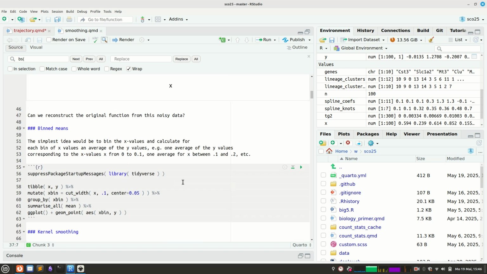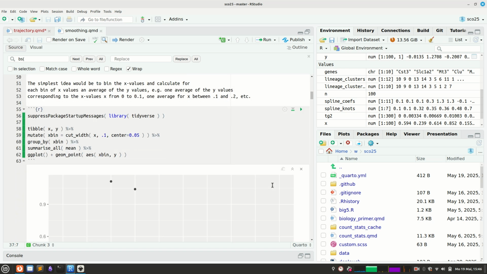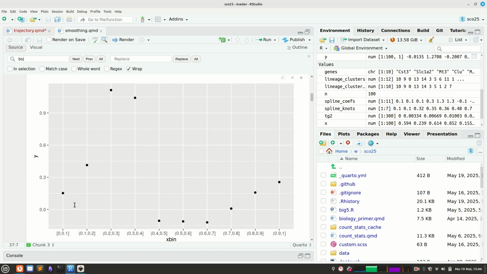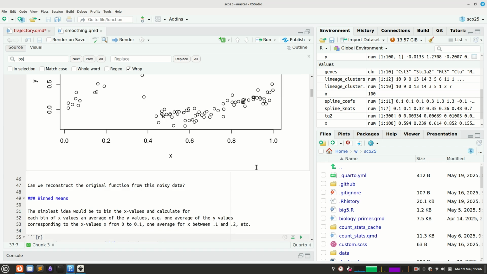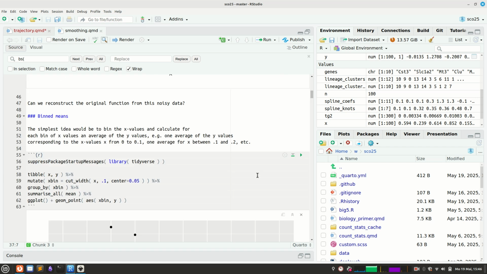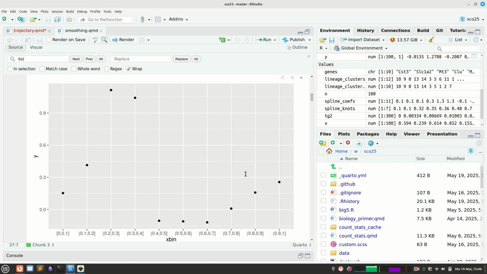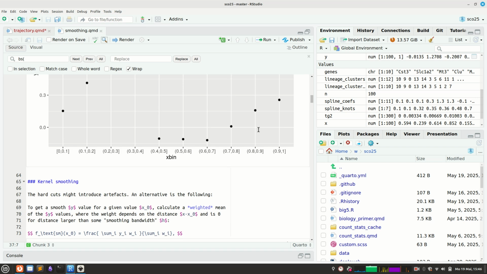And if I do this, what I then get is this here. And you see, for the first bin it is here, for the second it's here, and so on. And you can already sort of see our original curve, but it's rather rough. I could make it finer by making the bins finer, but then each bin would only contain 2 or 3 points, and averaging over them will produce too much noise. So this binning is too primitive.